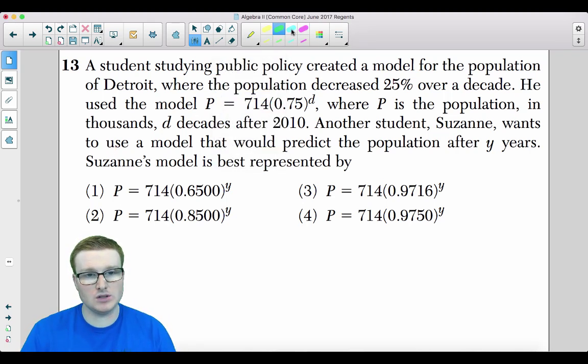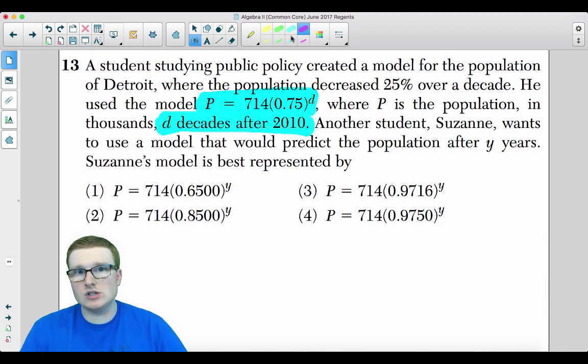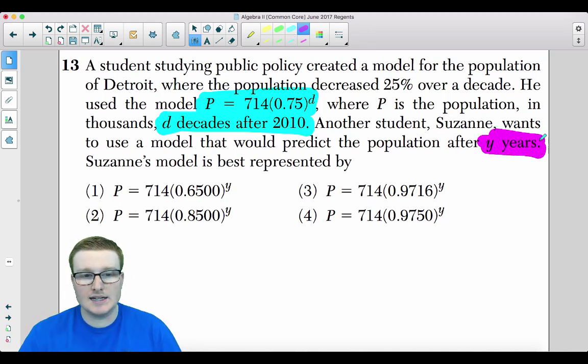So here's the thing, folks. What's happening here is they say that one of the students used this equation where, remember, D is in decades. The difference between this student's model and Suzanne's model is she wants to do it in Y years. This is Suzanne's model.